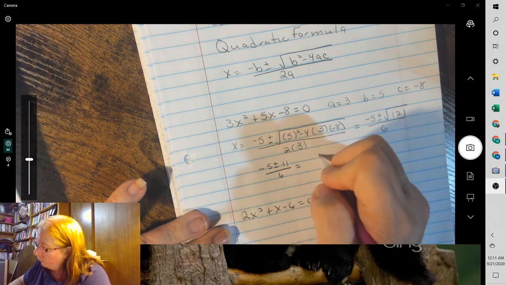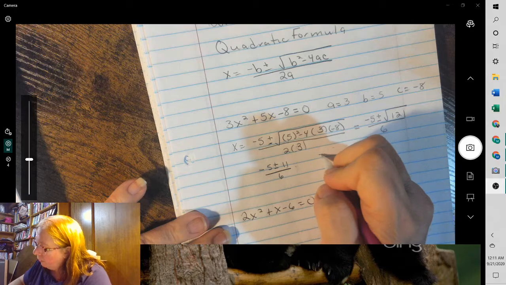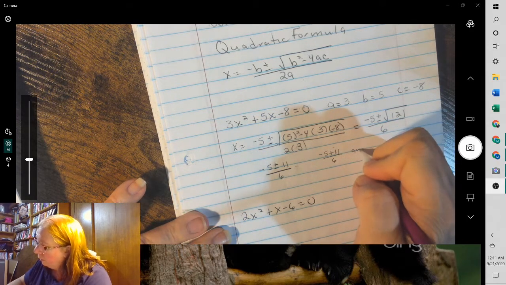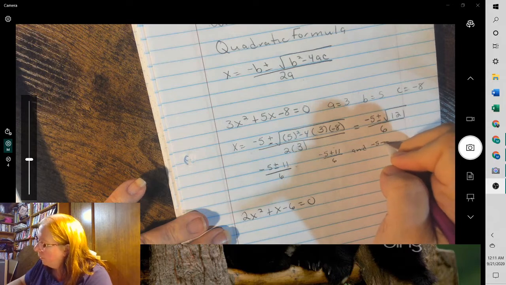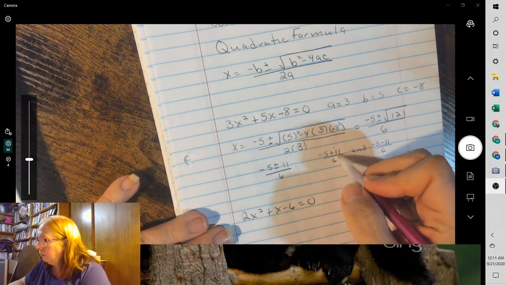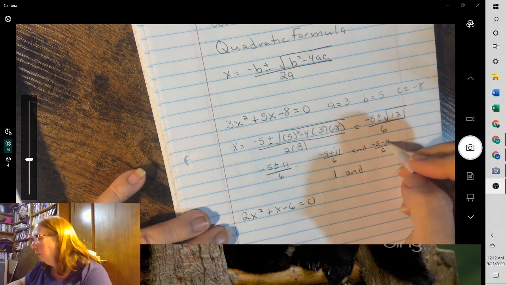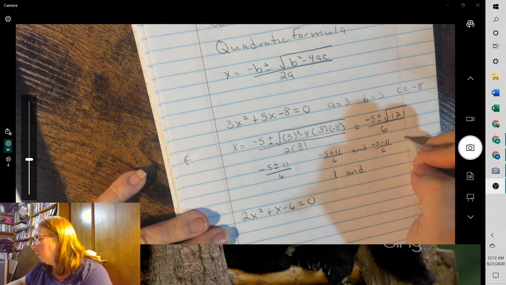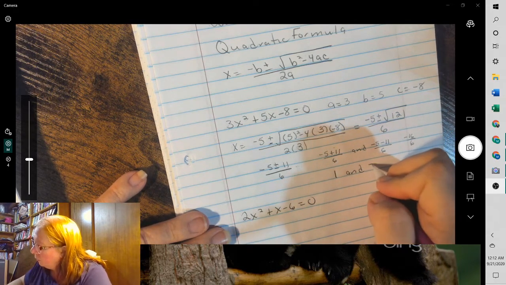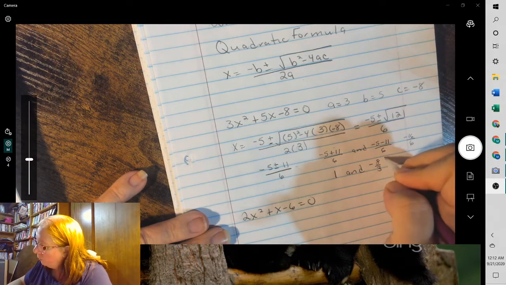Now to find those values, you take negative 5 plus 11 over 6, and negative 5 minus 11 over 6. So when we add these, 6 over 6 is 1, and negative 16 over 6 reduces, dividing by 2, to negative 8/3.